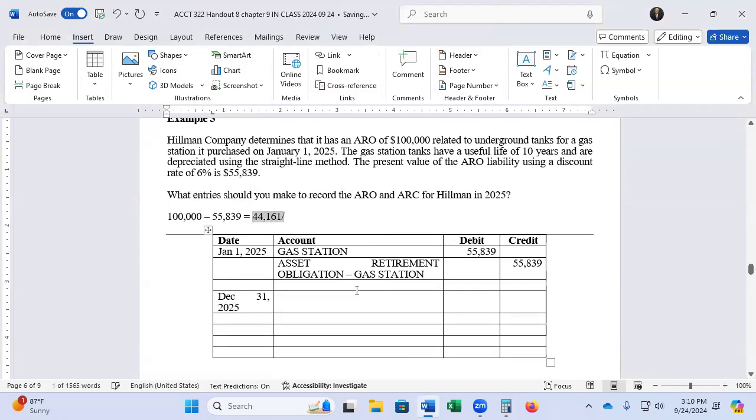Hold on one second. So they want to do two separate part entries here. So 55,839 is the asset and liability.